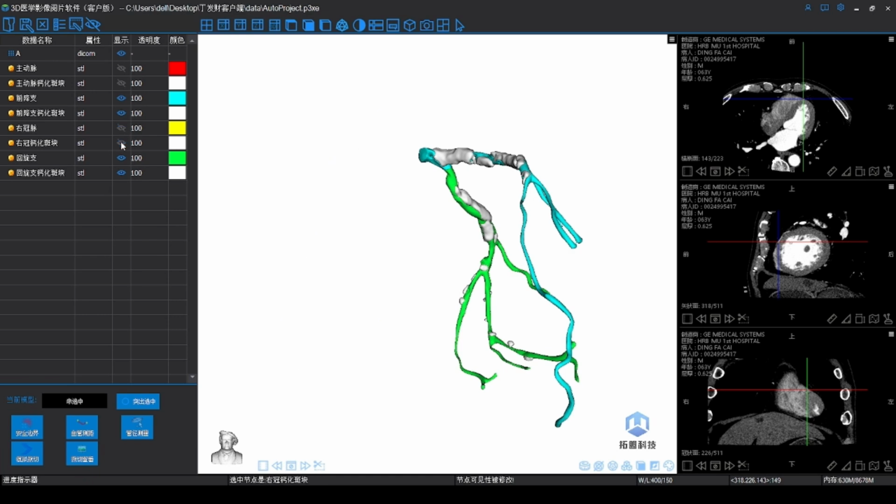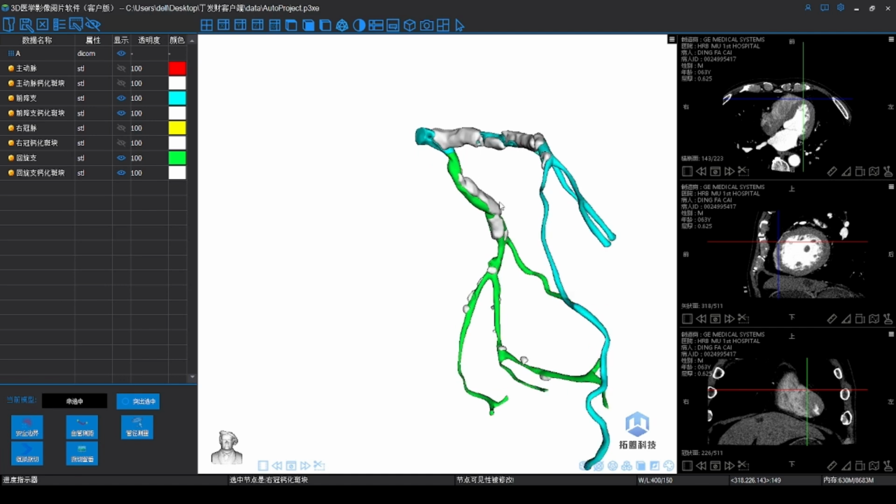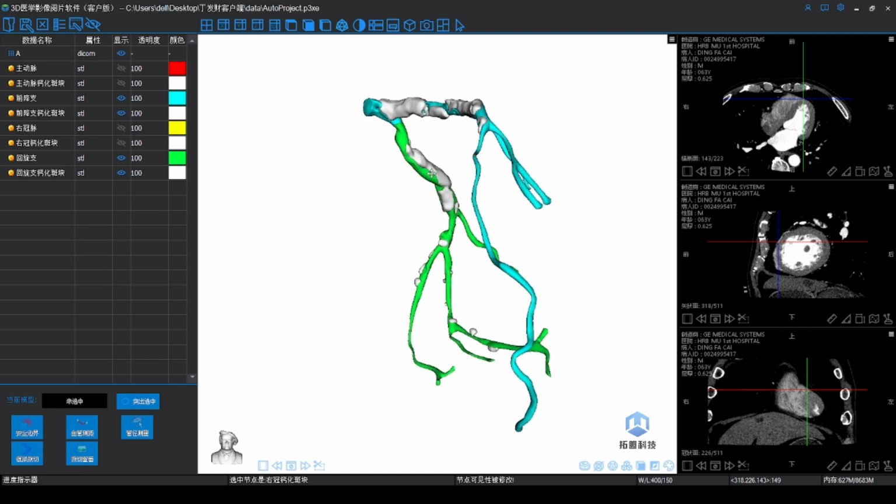Also we can see there's heavy severe calcification in the circ, but if we hide the calcified plaque in the circ, now we can see the lumen of the circ is enough.